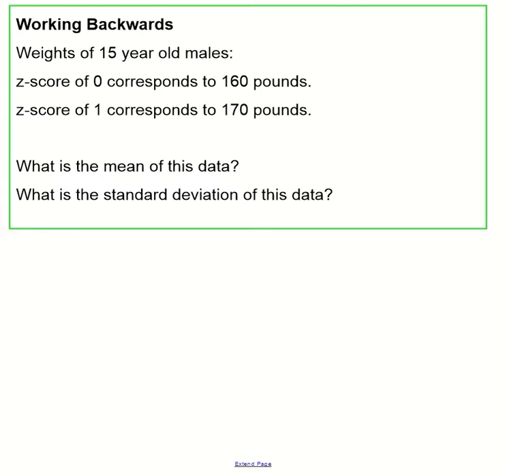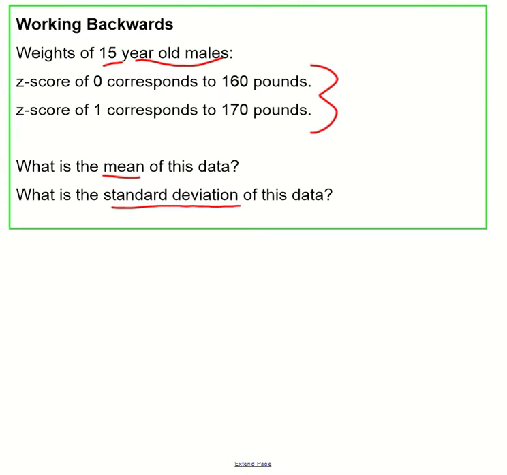All right, working backwards. Here we have some information. A z-score of 0 corresponds to 160 pounds for 15-year-old males, and a z-score of 1 corresponds to 170. Using this information, we can find the mean and the standard deviation without doing any calculating. Let's think about it.